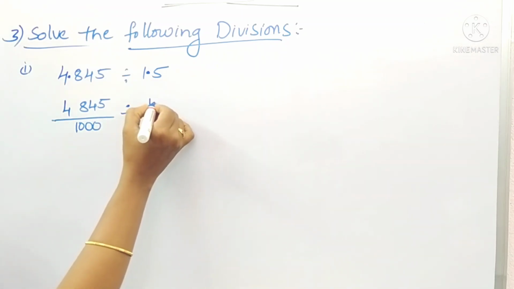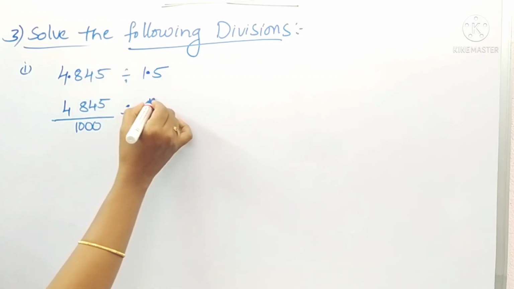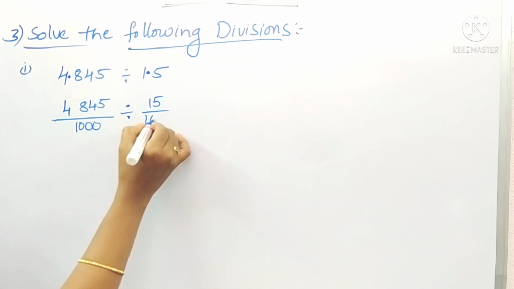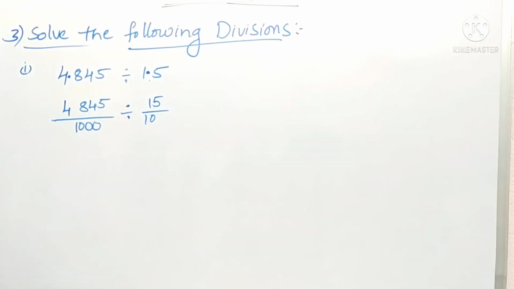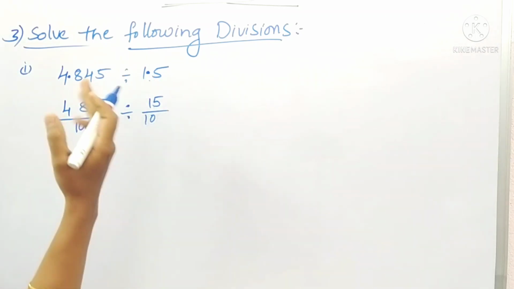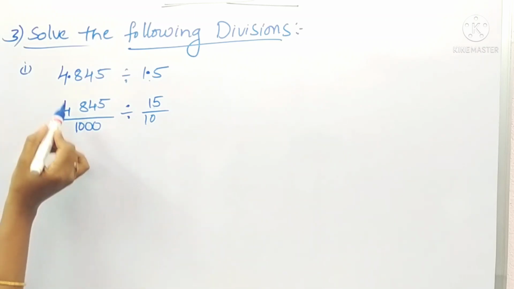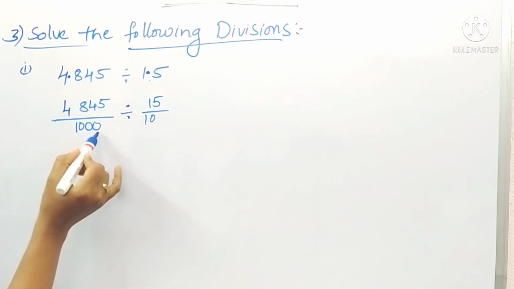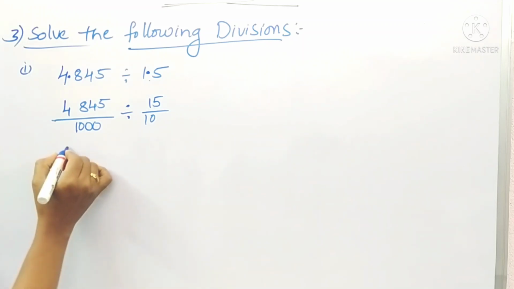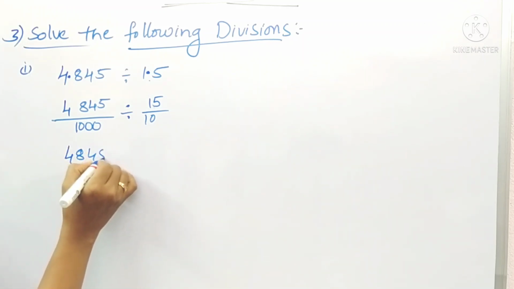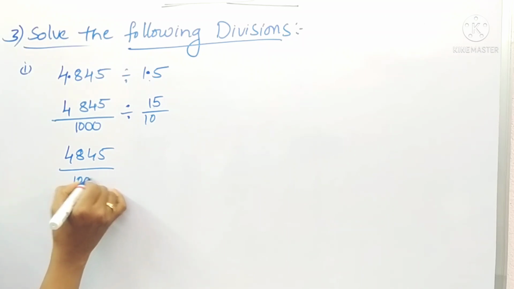So divided by 1.5, I'm writing 15 by 10. Here one digit is there after the decimal point, so we have to write 10 and remove the decimal point. And in the numerator 3 digits are there, so put 3 zeros after 1 and remove the decimal point.